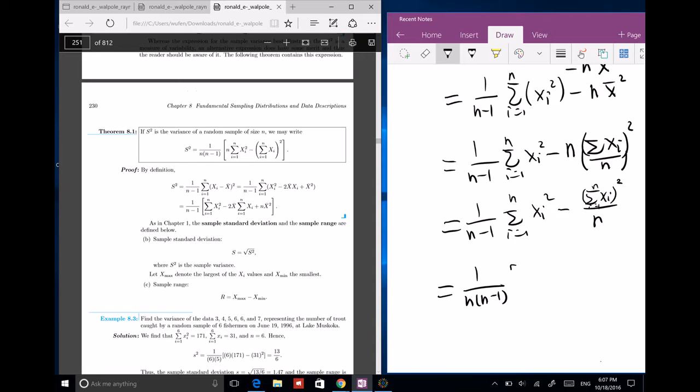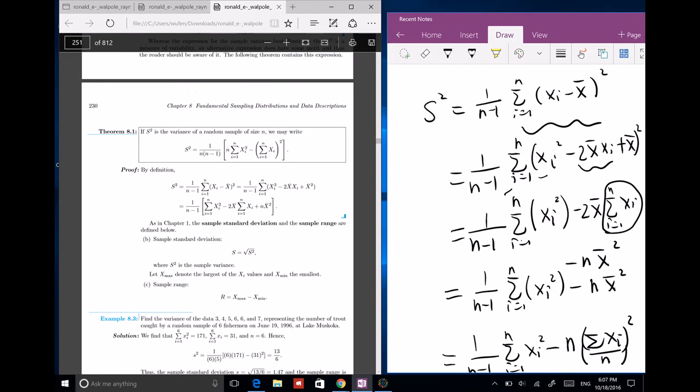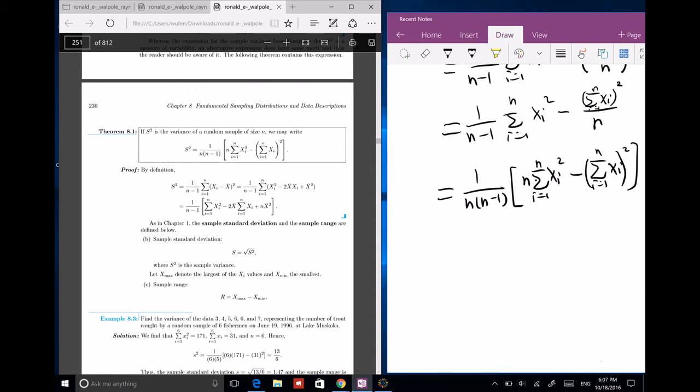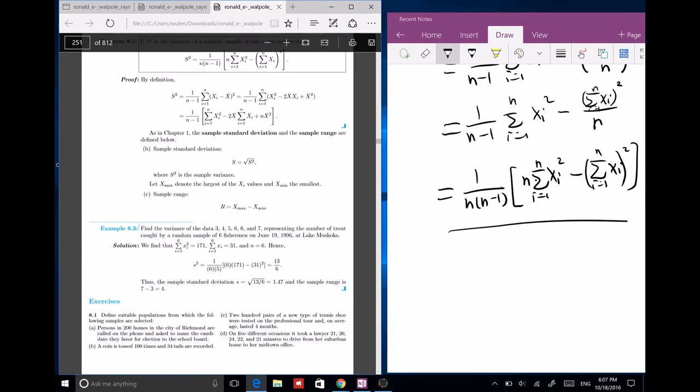If you multiply the n as a denominator, you have to multiply the n on the first term, n times the sum of xi squared, and the 1 over n is factored out, the sum of xi squared. So this is another definition, the same as the original definition but simplified. You are only going to have xi. You don't have to find the x bar, the mean value, anymore.